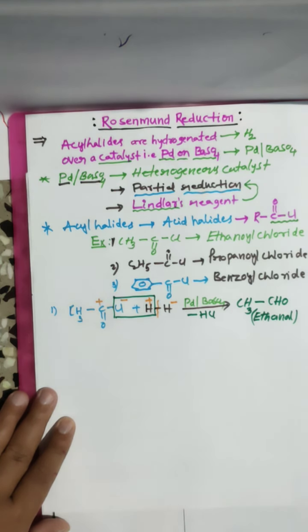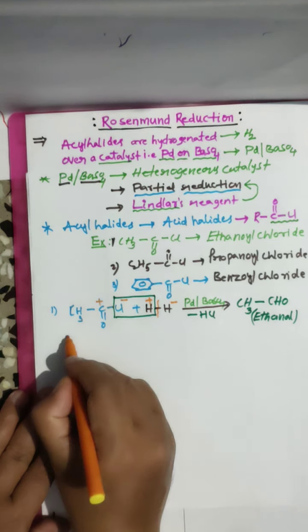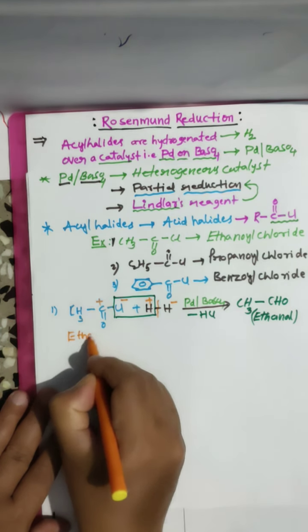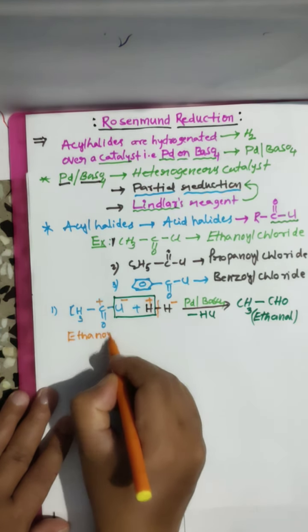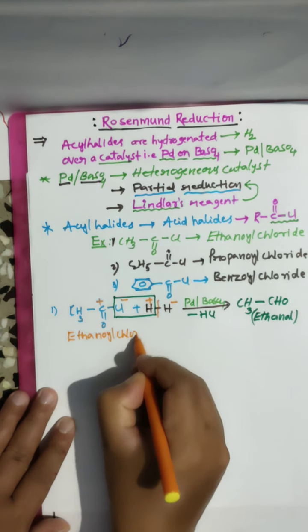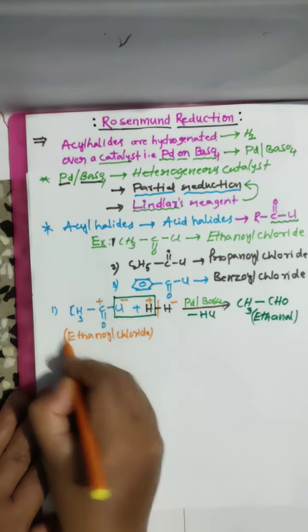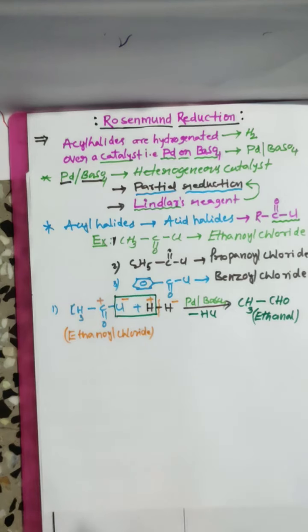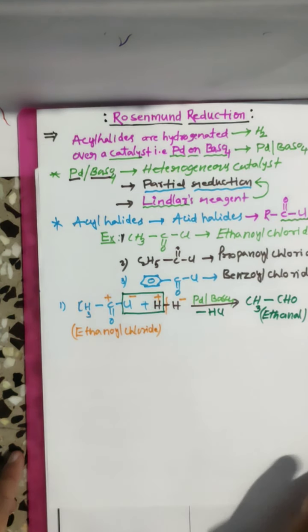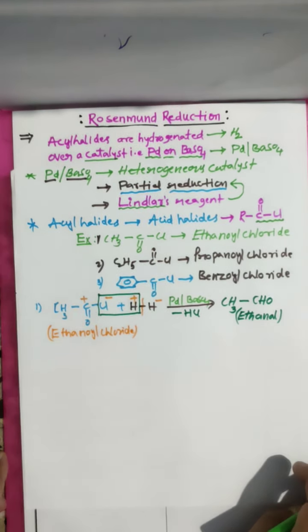And what is the name of the reactant? Ethanoyl chloride. Ethanoyl chloride is converted into ethanal. Simple mechanism. Very simple mechanism.